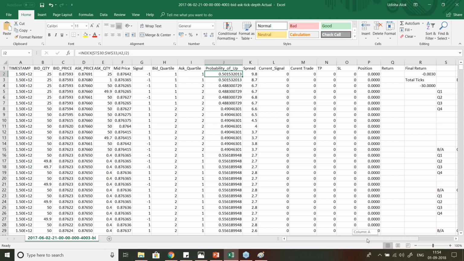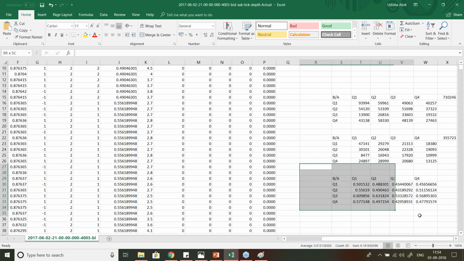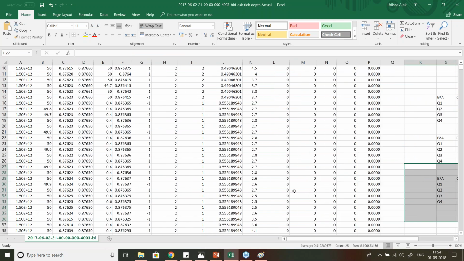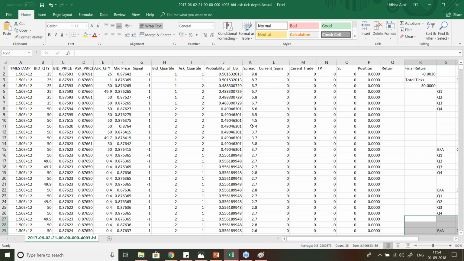This I have got from the probability table. Well, I can't take credit for this algo. This is not my algo. It is one of the research papers presented on SSRN. So I have used the same research paper. So I have bid, ask, and probability.